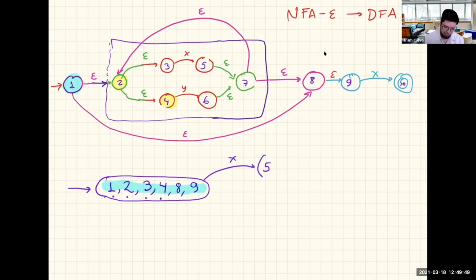Okay, verified. What about 8 and X? Nothing. Okay, verified. But 9 and X, yeah, 9 and X goes to 10. Then I have to add 10 to the list of states where I can go from this state. Still I will leave this open because it will be extended in later stages. But for now, I need to keep this and now examine for Y.